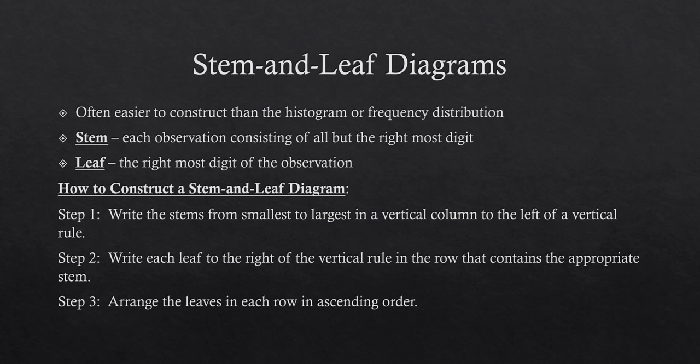I mean, these are a piece of cake, so to speak. How do we construct them? Well, step one, write the stems from smallest to largest in the vertical column to the left of the vertical rule. Step two, write each leaf to the right of the vertical rule in the row that contains the appropriate stem. Arrange the leaves in each row in ascending order.